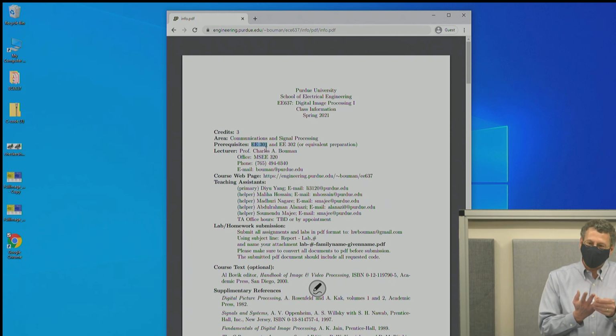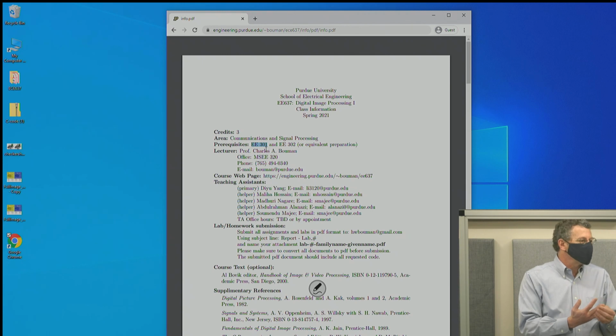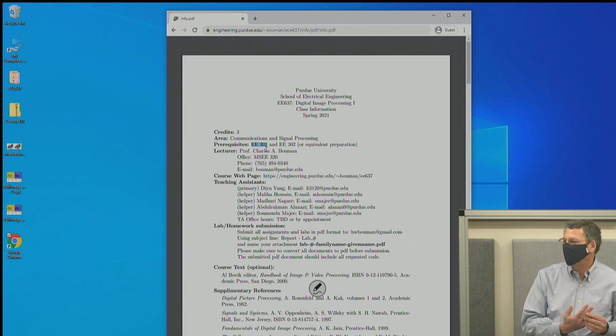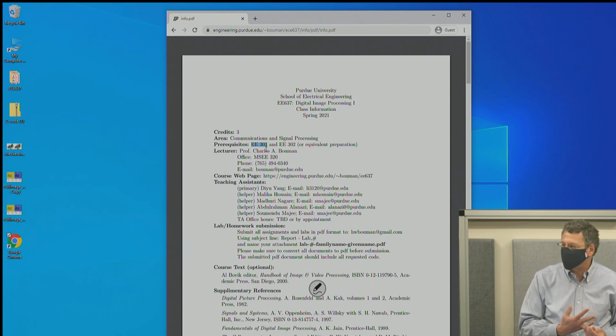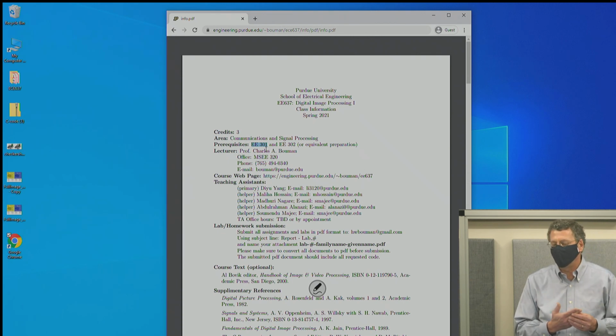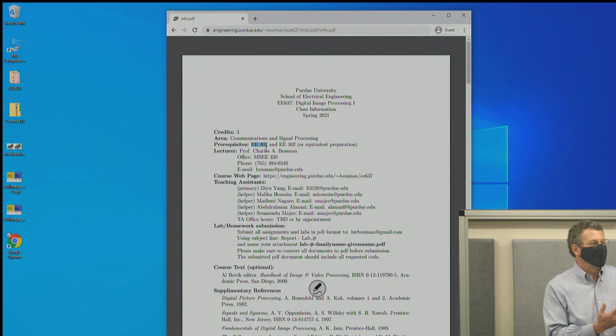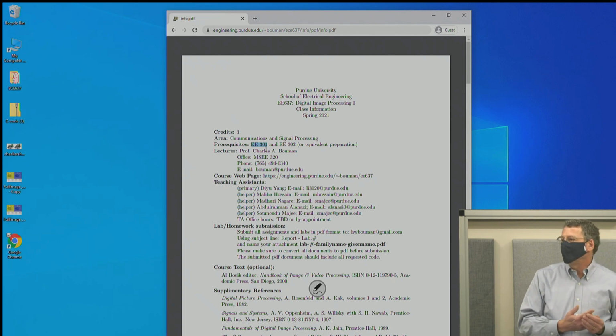But it's linear systems, and a little bit of probability, some kind of probability course. Most people these days have some kind of probability. There's a little difference between probability and statistics, which they often teach in the life sciences, or in psychology. So you have to look at what the courses cover.